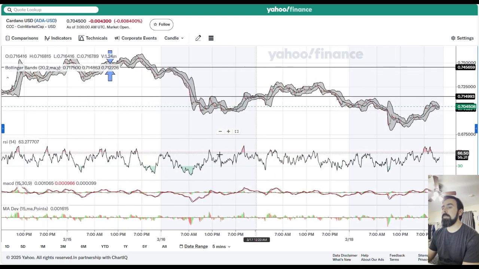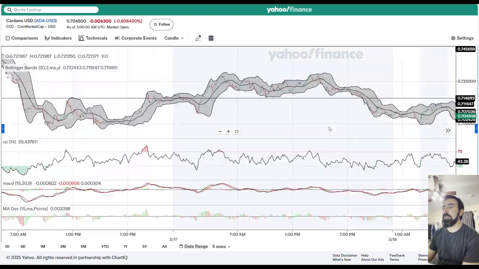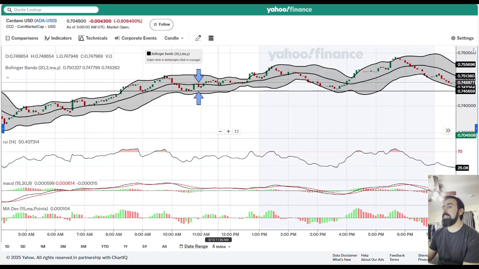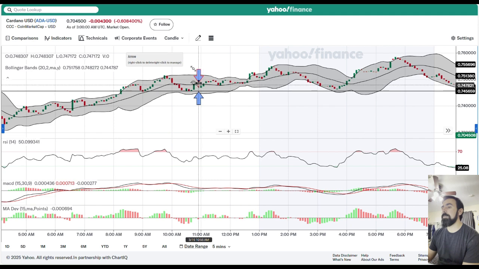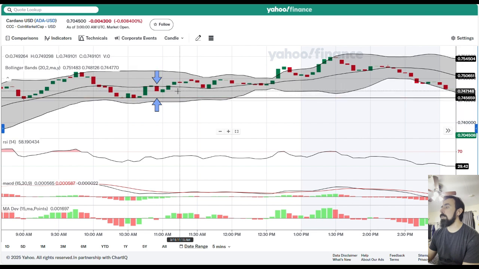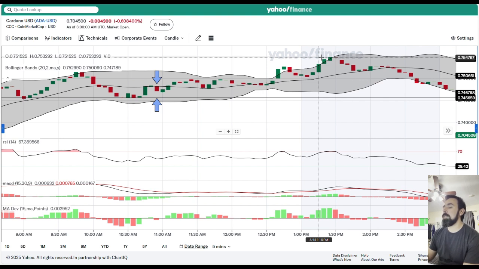And then furthermore, where I did buy in, it did have a decent run up from, let's see, from about 0.747 to 0.754. Not exactly sure if that's 0.5%.